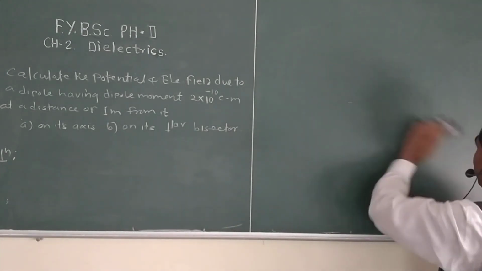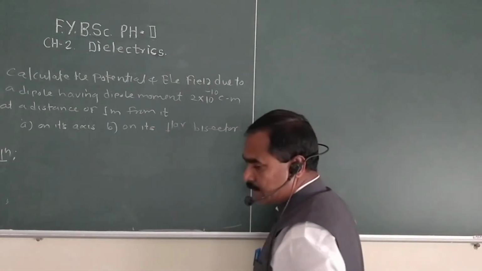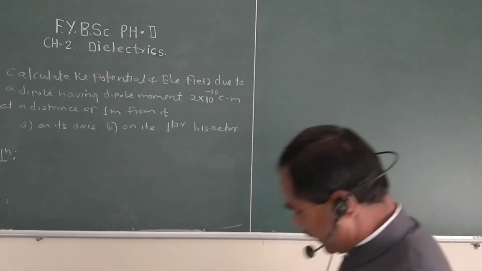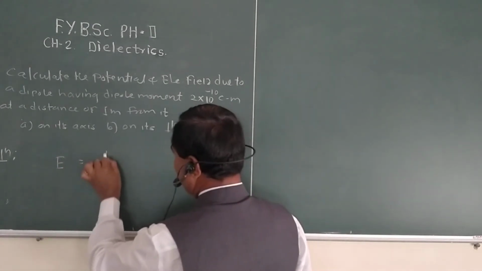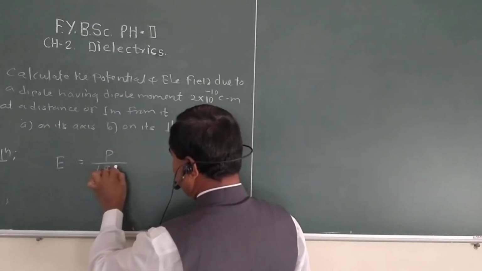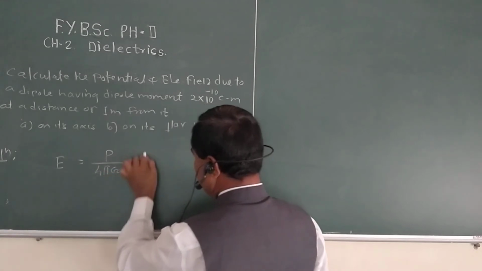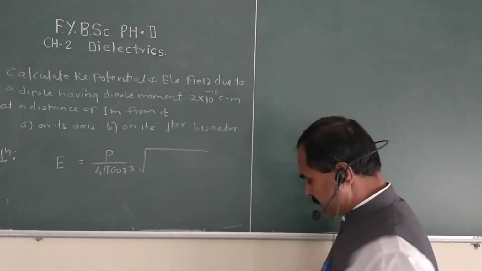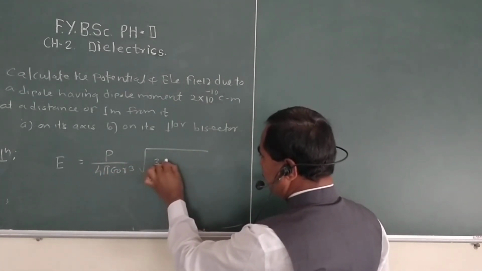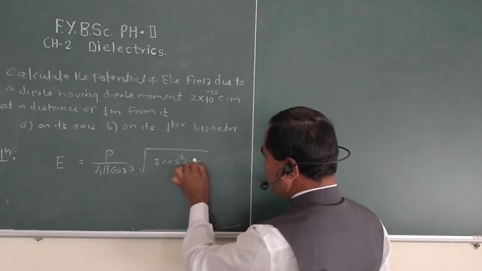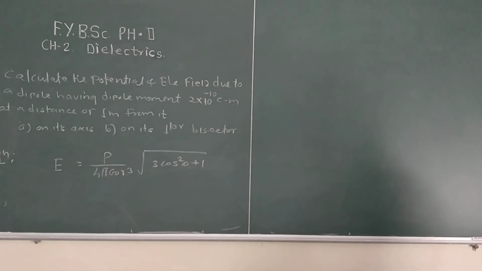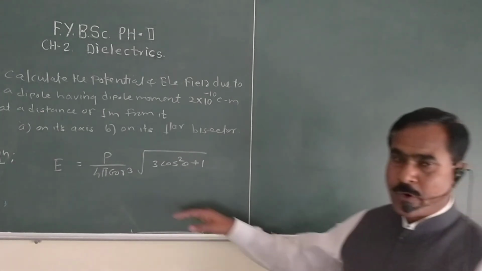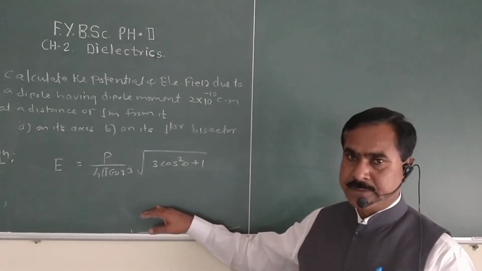Now the formula for electric intensity is given as E equal to P upon 4 pi epsilon naught R cube into root of 3 cos square theta plus 1. Okay, then we consider the point on axial line.